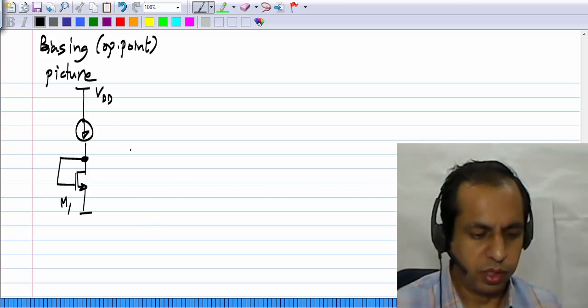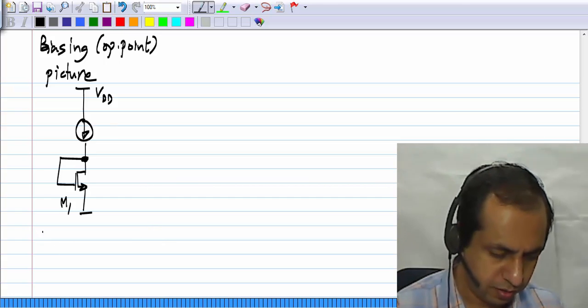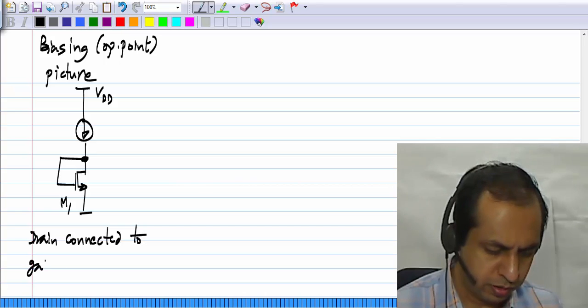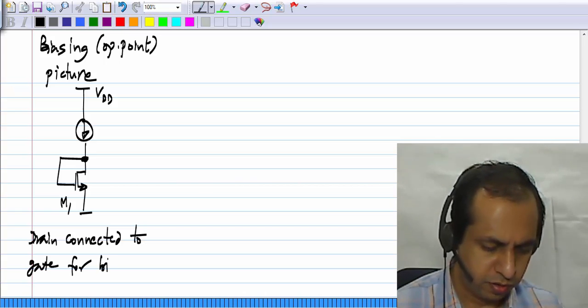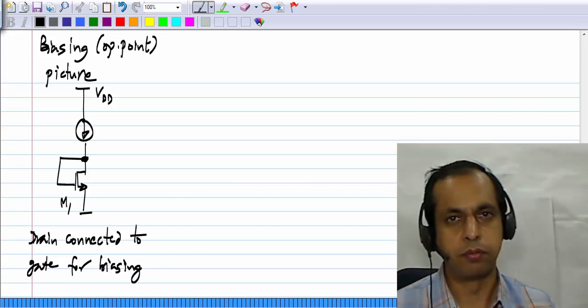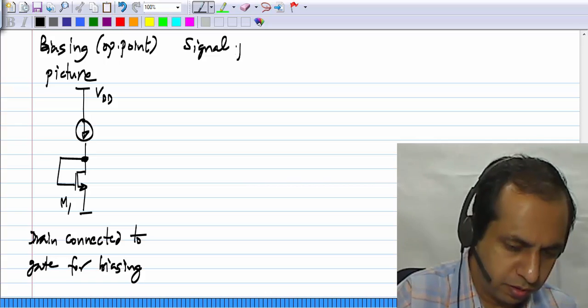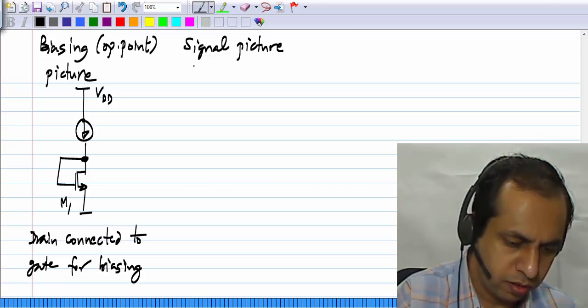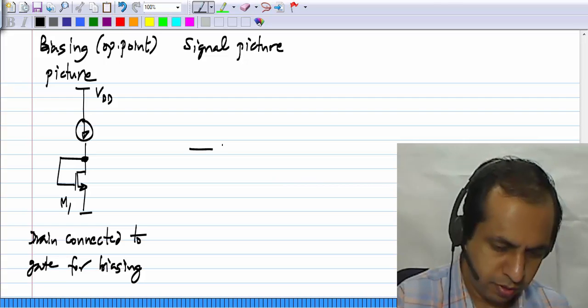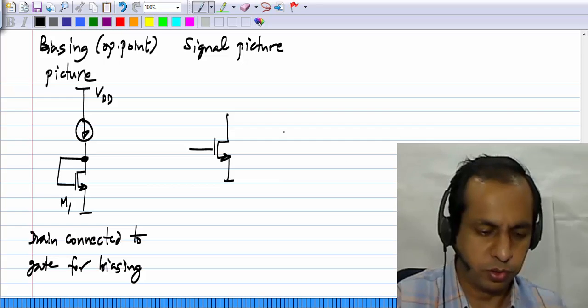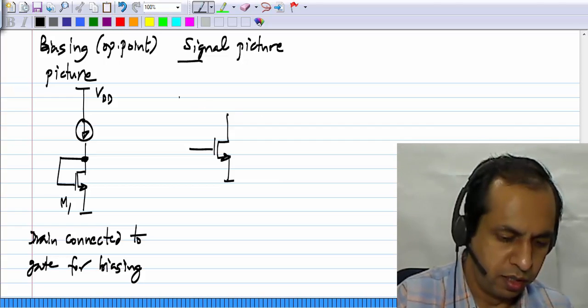So the essential feature here is that drain is connected to the gate for biasing, and the signal picture. I will show a MOS transistor instead of its small signal picture. I could also show that. Let me show both, and later, depending on convenience, I will show only one or the other.